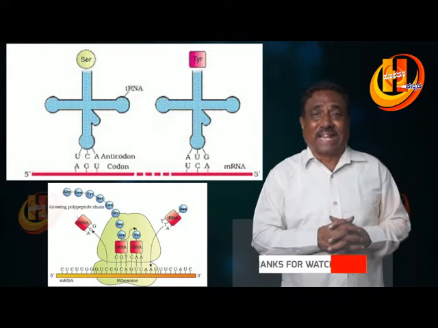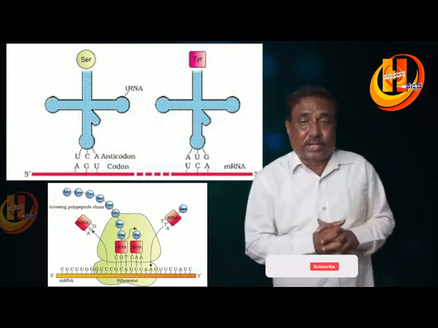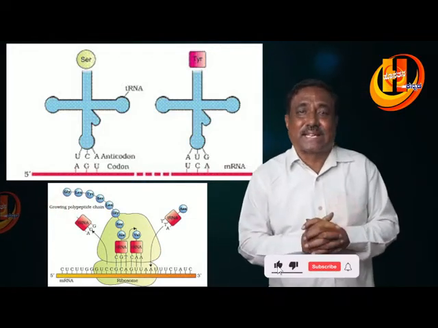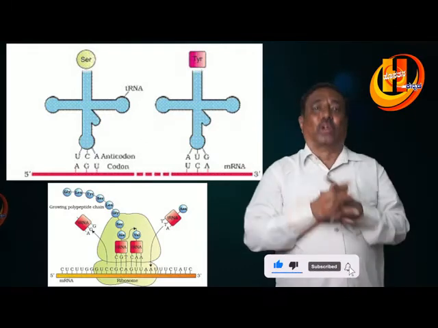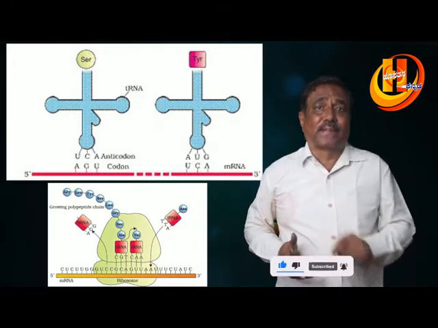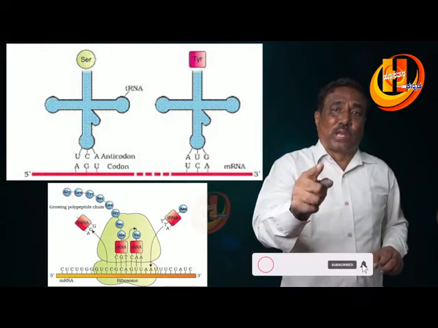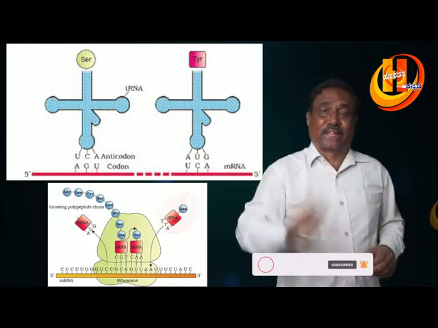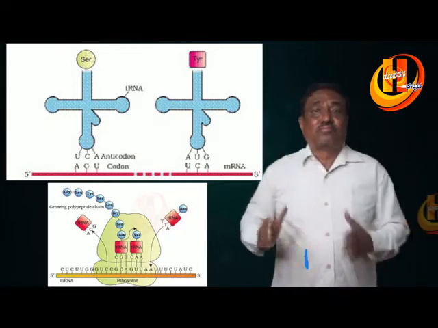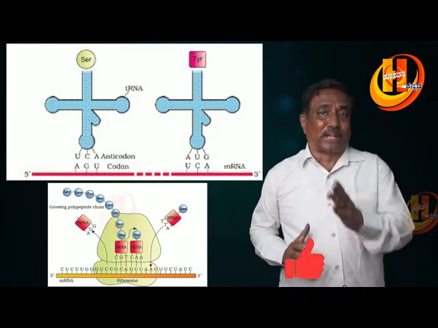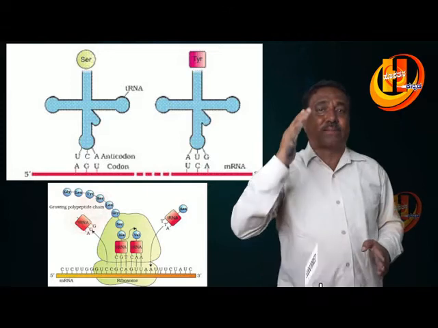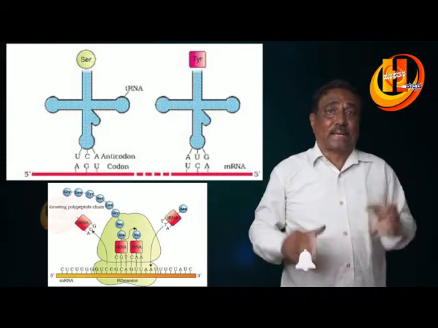And the last one is the characteristic features of the genetic code. The genetic code is meaningful, unambiguous, and specific. Meaningful, unambiguous, very specific. That means in all organisms, AUG codes for methionine, whether it is a prokaryotic organism or a eukaryotic one, that is universal.